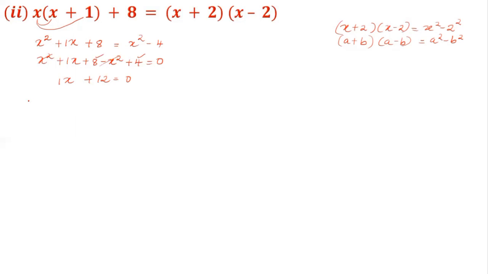It is the standard form of the equation, but this is an equation of degree 1. So, it is not a quadratic equation. This equation is of degree 1, therefore, it is not a quadratic equation.